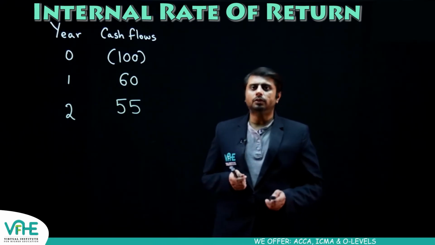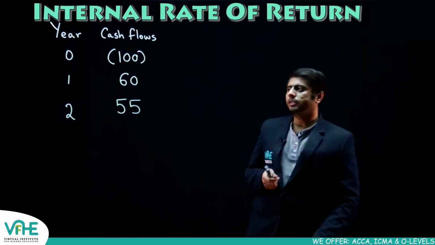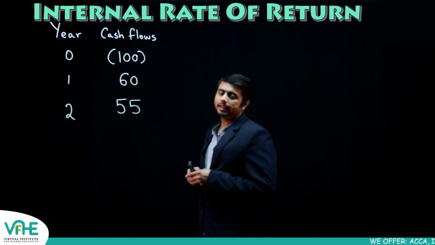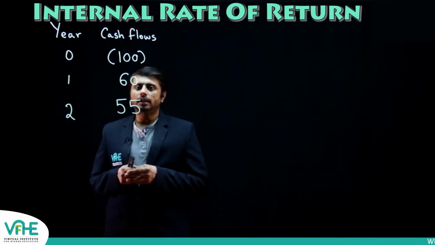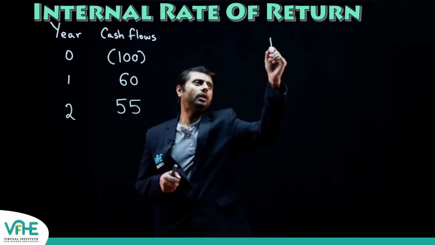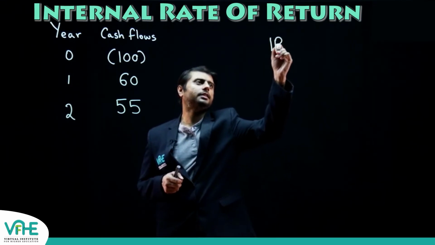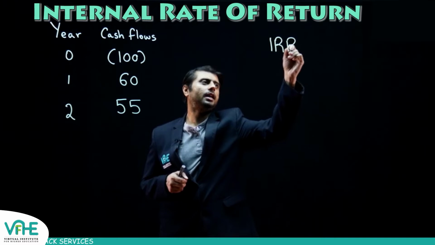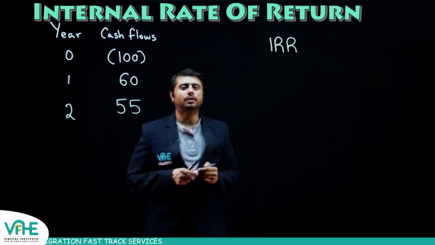In order to calculate the internal rate of return, we use a trial and error technique and a formula which you have already studied in your previous ACC exams, and I will be rewriting it over here.